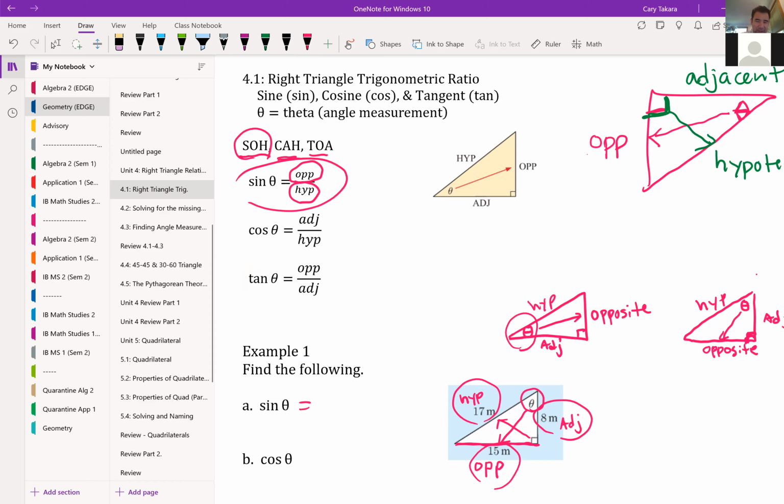What's the opposite? The opposite is 15, so it's 15 over hypotenuse 17. And that's what we did yesterday.